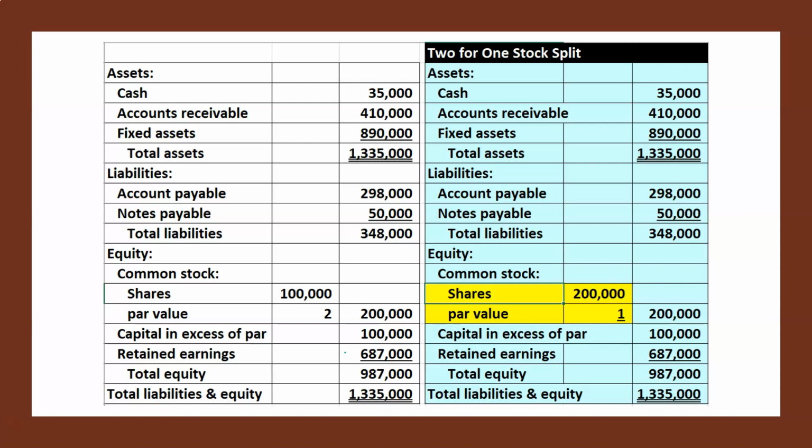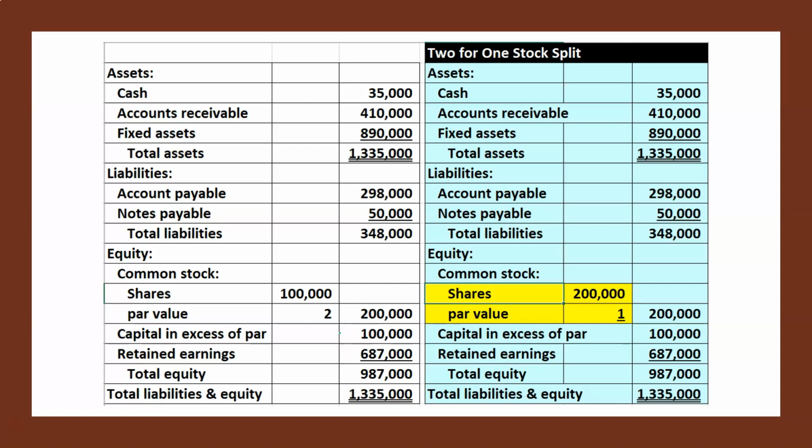So therefore, in a stock dividend situation, we're going to decrease the retained earnings by the value of the dividend that is going out, and then we're going to have to offset that not with cash, but rather with the shares going up and the par value being affected, and then the capital in excess of par or paid in capital being affected as well.